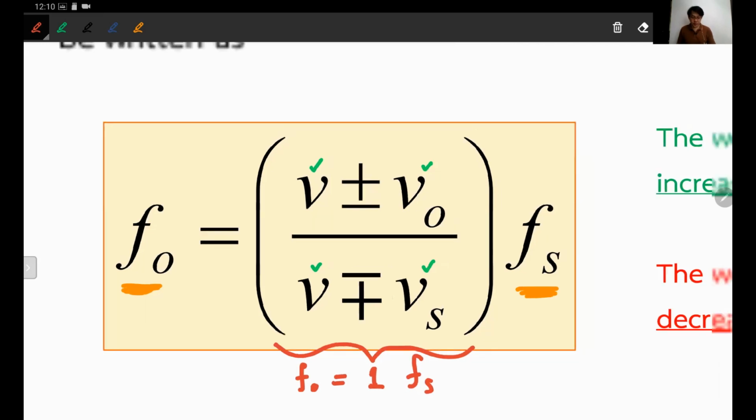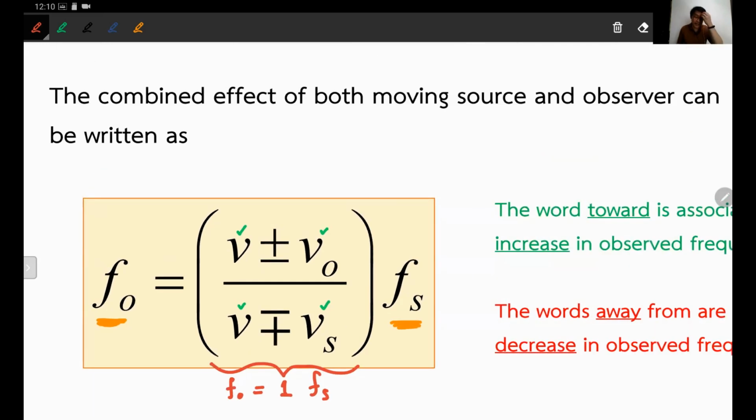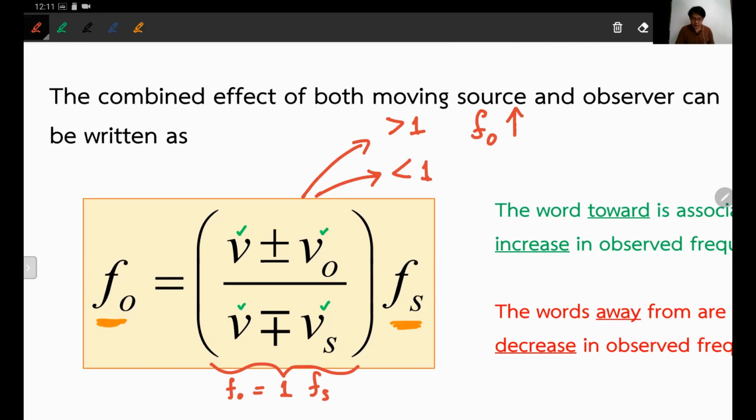It sounds reasonable. All right, let's make it a little bit easy. If this goes greater than 1, that means the observed frequency will be shifted up in frequency. Or if this ratio is less than 1, it means the observed frequency will be lower in frequency, so you will hear a lower tone.